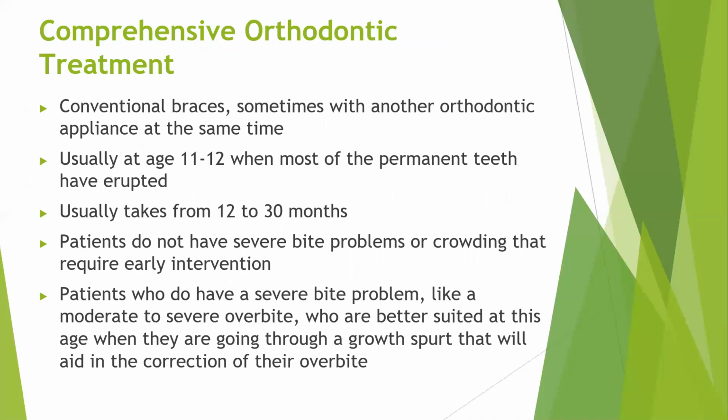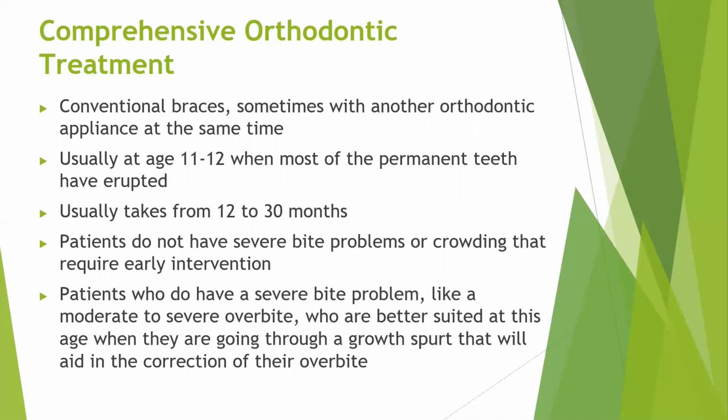So what is comprehensive orthodontic treatment? Comprehensive orthodontic treatment is conventional braces, sometimes with another ortho appliance at the same time. Usually this can take place between the ages of 11 or 12, when most of the permanent teeth have erupted. It takes anywhere from 12 to 30 months.